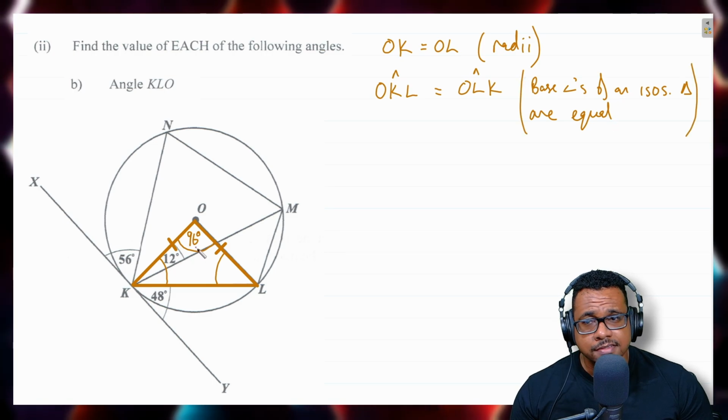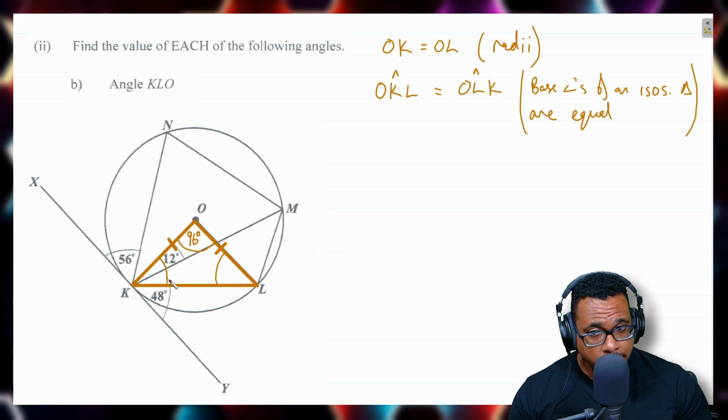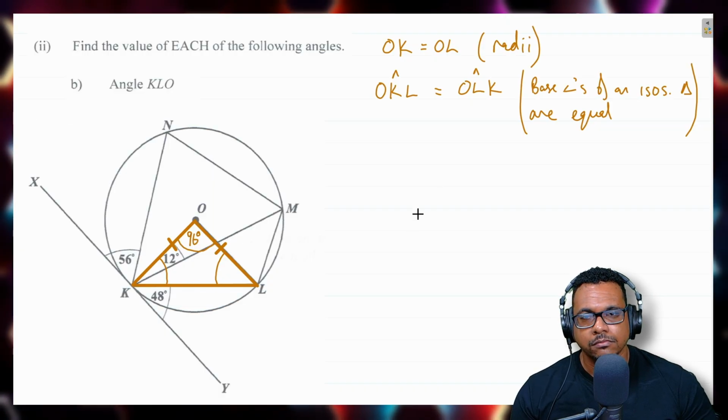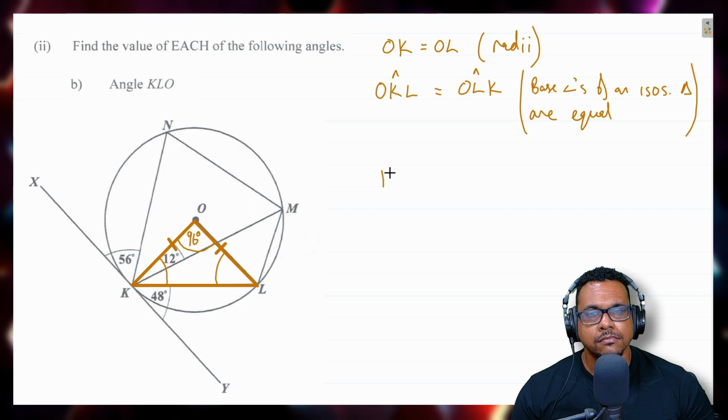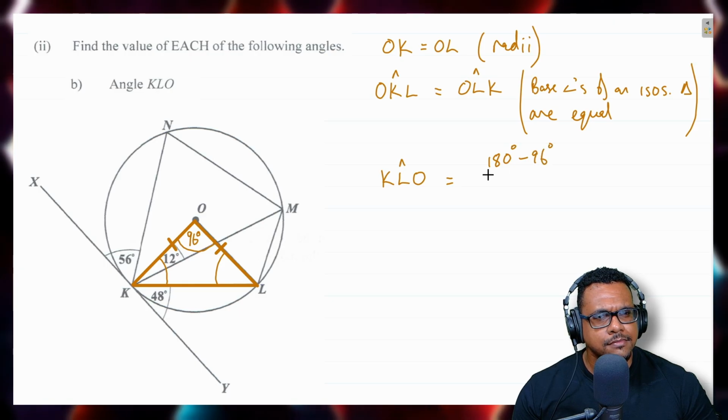So now we could say, 180 take away 96 and then divide the answer by 2, and we get these two angles here. So angle KLO is equal to 180 take away 96 divided by 2.